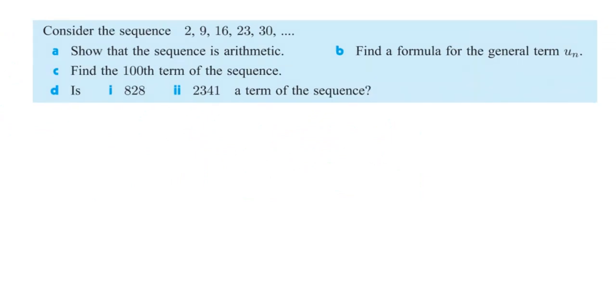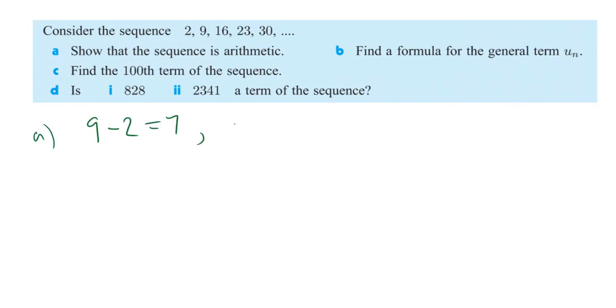So, first of all, we've got a sequence 2, 9, 16, 23, 30. First thing we've got to do is show that the sequence is arithmetic. Well, we can do that very easily because we just have to show that each term goes up by the same amount each time. So, for example, we could take the second term minus the first term. Well, that's 7.